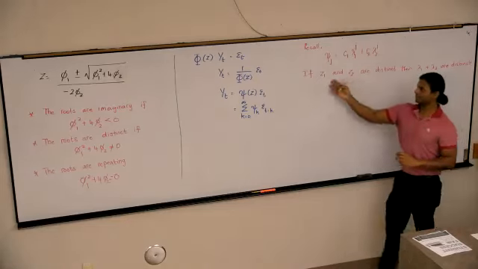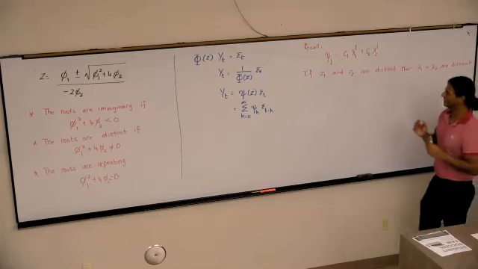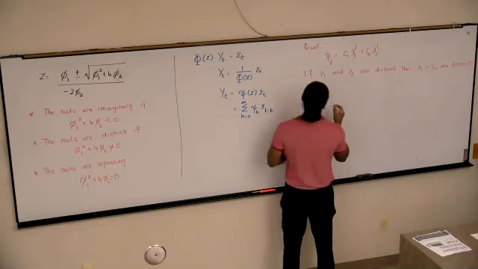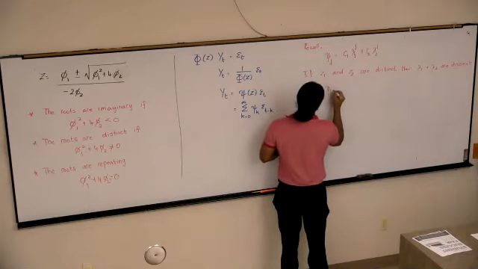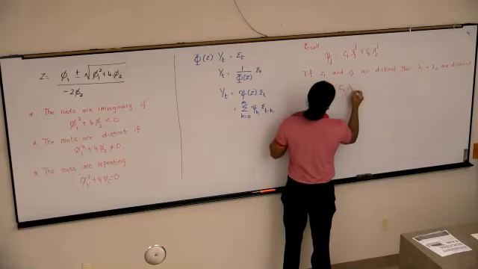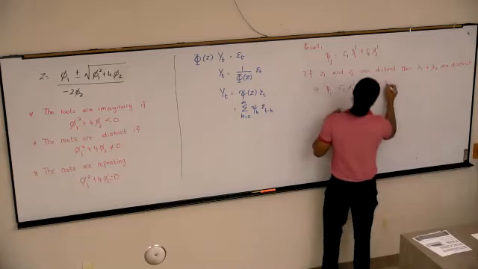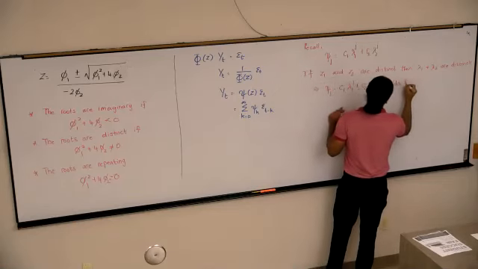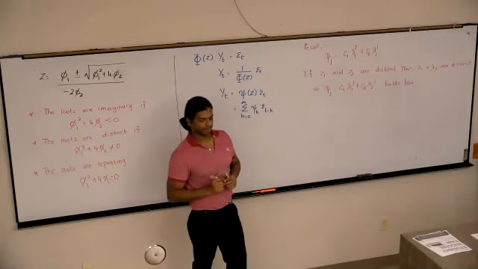If the values Z1 and Z2 are different, then those two, they have to be different. So that would work. Good.